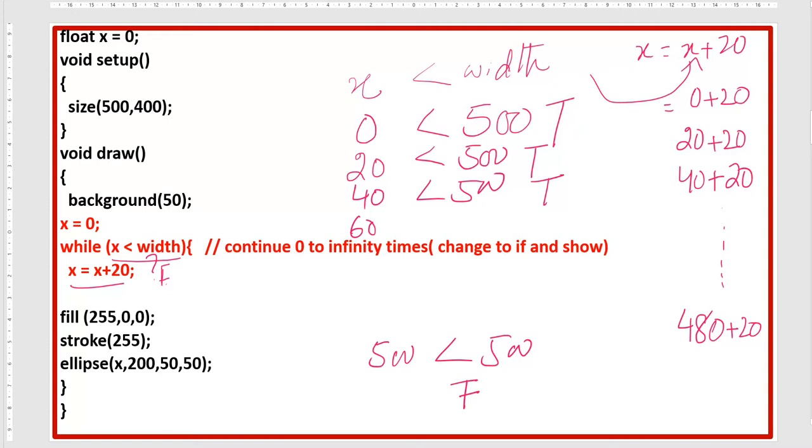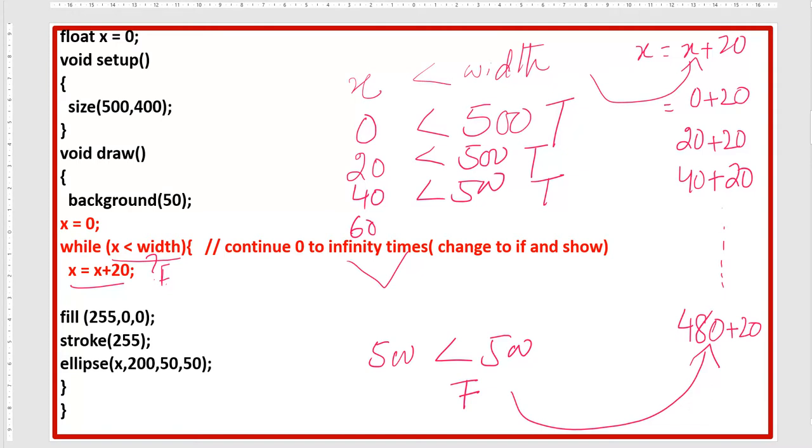If it is false, then you cannot move to the increment. So it will stop, your while loop will exit or break, you can say. So it could run 0 times, 1 time, 2 times, 3 times, up to infinity times. If it is infinite, the system will crash because it will never stop.